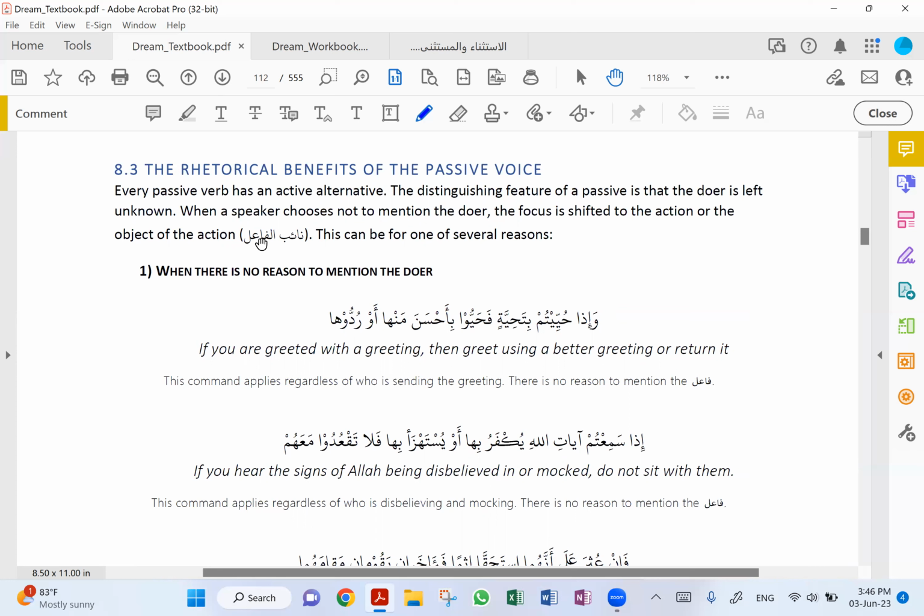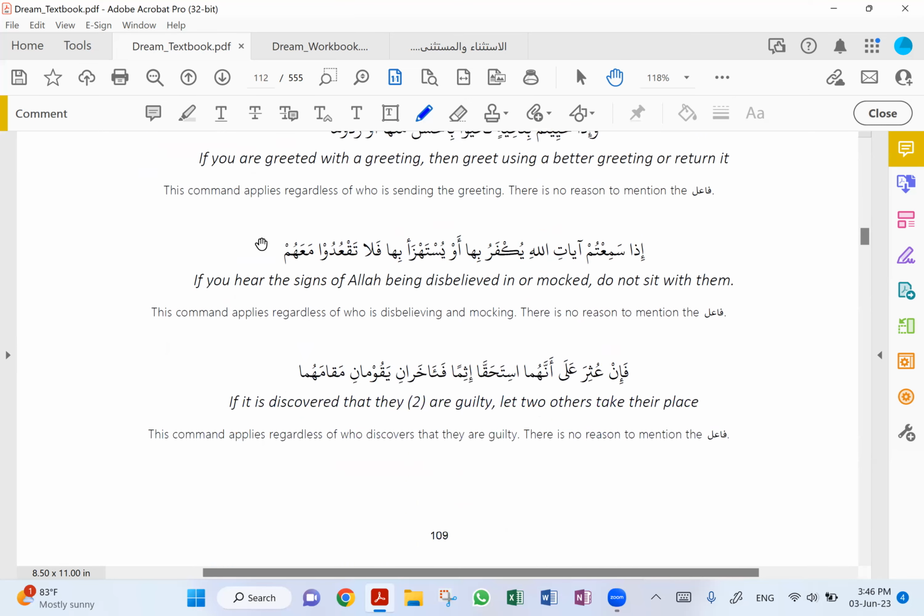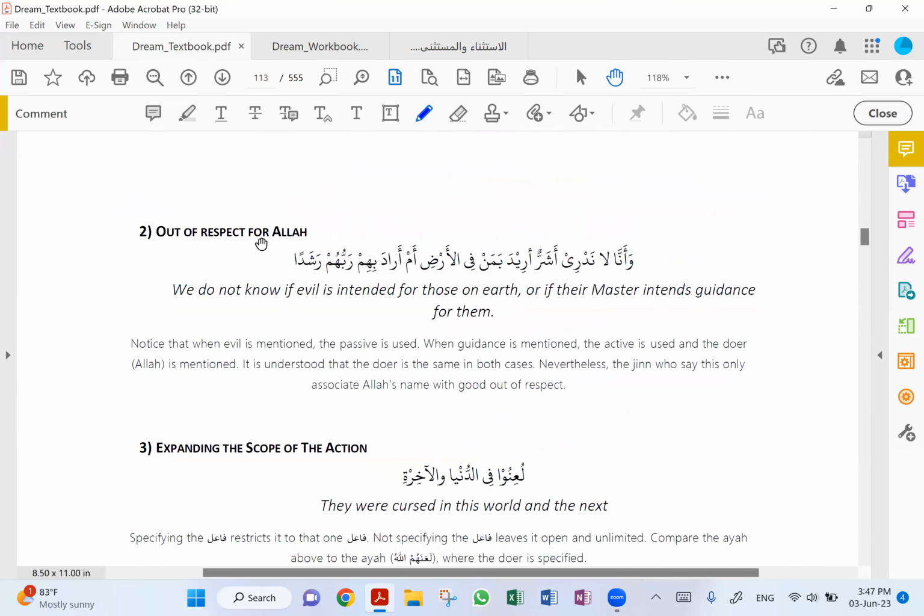Like if you are greeted with a greeting, then greet using a better greeting. There's no point in saying, if so and so comes to you and greets you, there's no need. If anybody just greets you, then return a better greeting. So that's one reason. The other reason is, of course, out of respect for Allah.